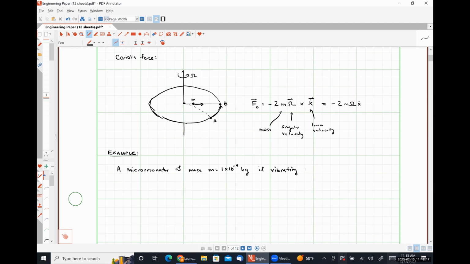It is vibrating at a frequency of f naught is equal to 10 kilohertz, with a vibrational amplitude of x naught is equal to 1 micron along the x-axis.